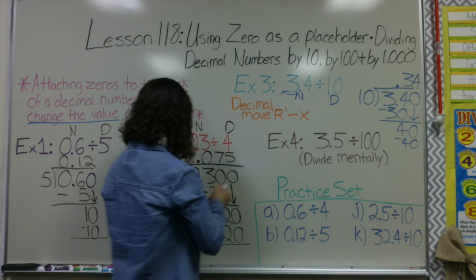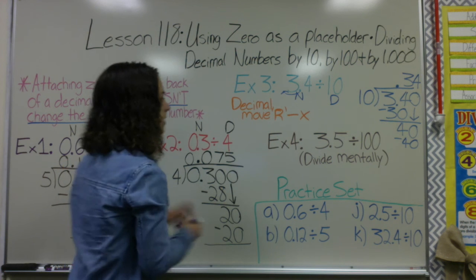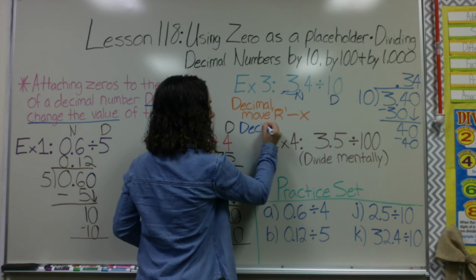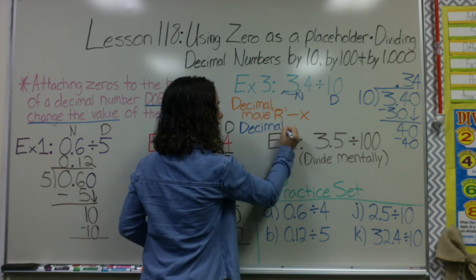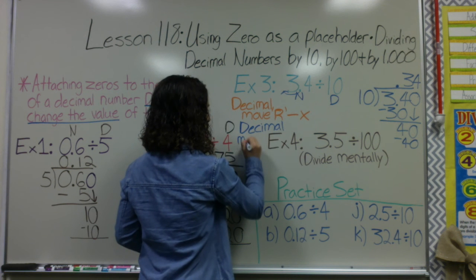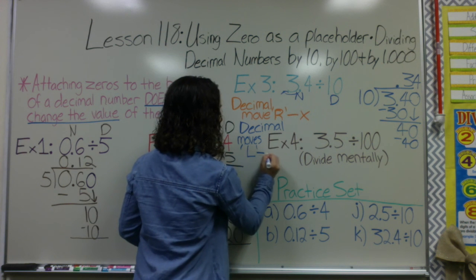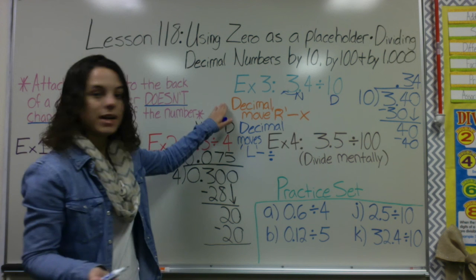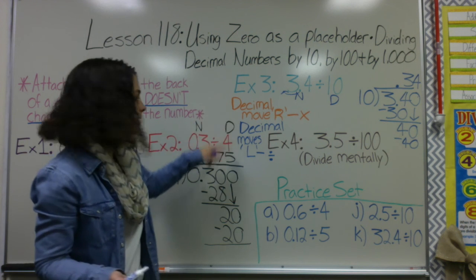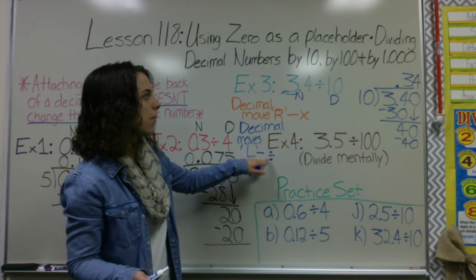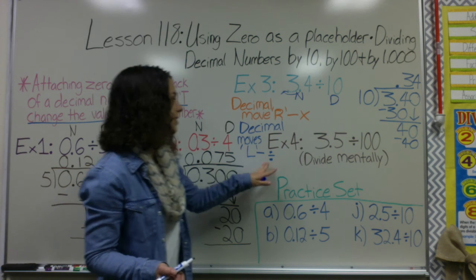And decimal moves left for division. So the decimal moves right when we multiply by 10. The decimal point moves left when I divide by 10, by 100, or by 1,000, both for the same thing.